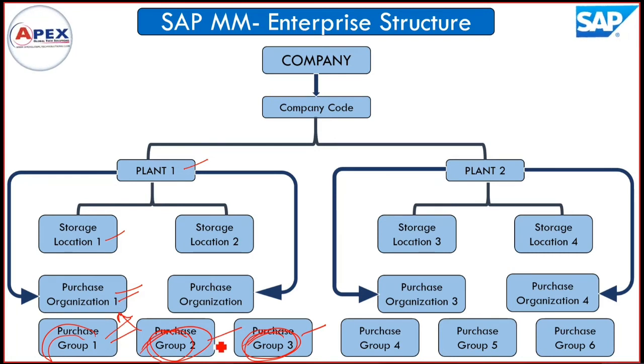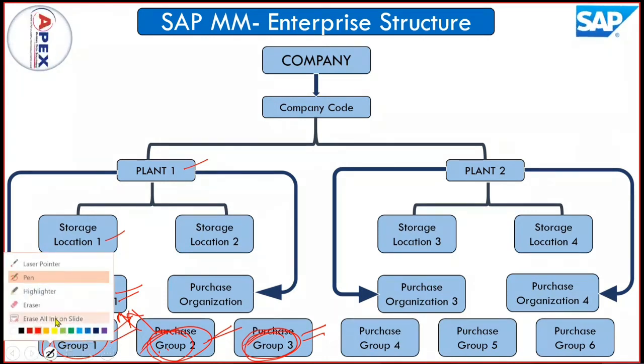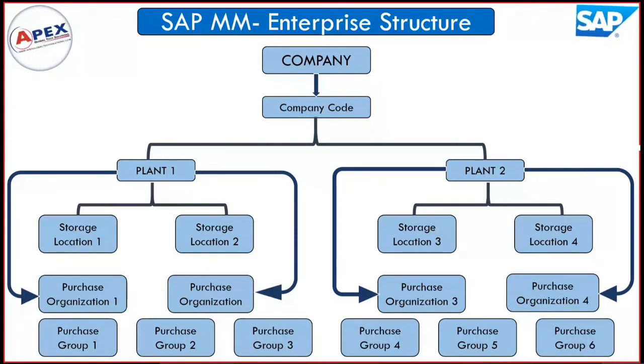To procure raw material, we have allotted purchasing group two. To procure semi-finished goods, we have allotted group three. All the activities will be done by the purchasing group. These purchasing groups will update the reports to the purchasing organization. Okay, so this is very important. Without this, you can't move ahead in SAP. So any doubts in this?